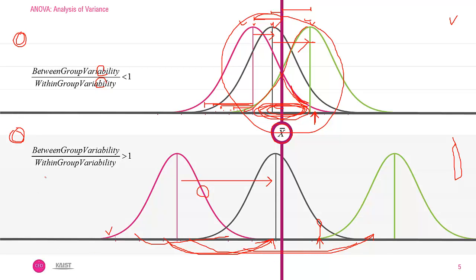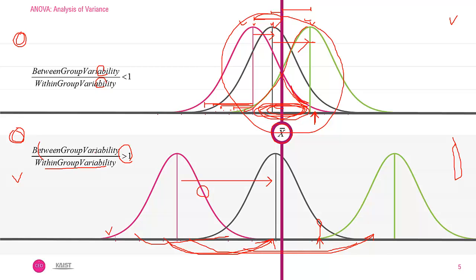Therefore, in the case of the lower chart, the ratio between group variability over within group variability will be bigger than 1. Statistically, this ratio should be bigger than the criteria value in the F distribution.